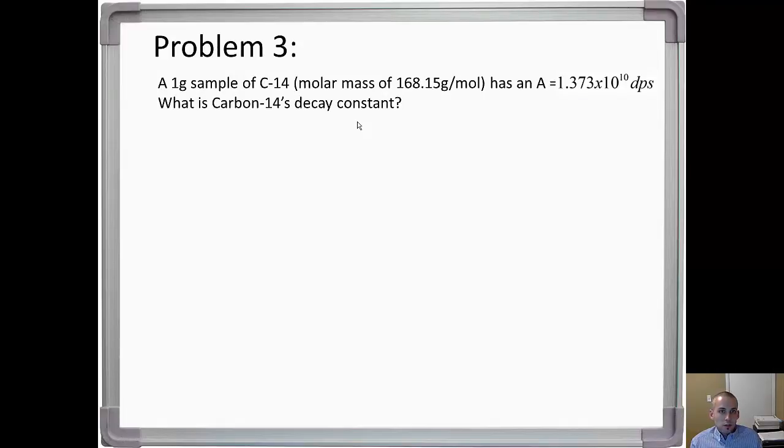The formula from the last slide: activity is equal to decay constant times the number of particles. In our question, we have our activity. We want the decay constant, but we don't have the number of particles. So that's what we're going to be calculating.